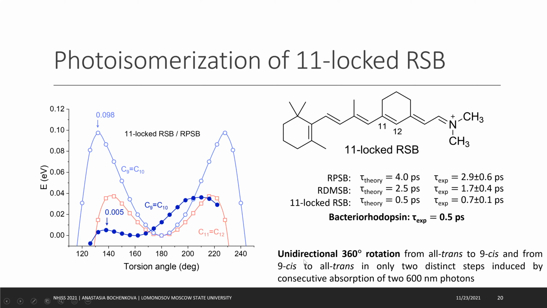Another thing which is also quite remarkable is that this particular locked chromophore can undergo unidirectional rotation, and it's not only from all-trans to 9-cis as depicted here, but also when you go from 9-cis to all-trans, it completes the cycle and the rotation proceeds in the same direction.